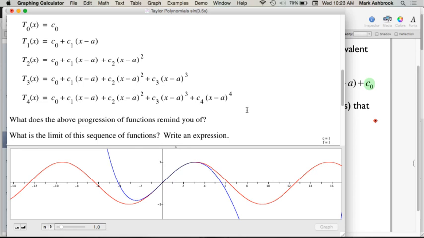See if you can write an expression that's the same as the limit of this sequence of partial sums. Could you do it? In other words, it would be something like T what?